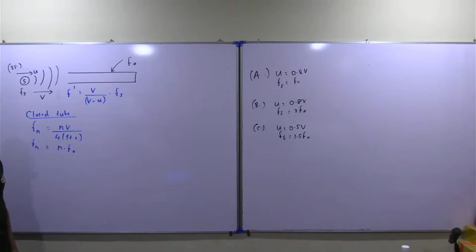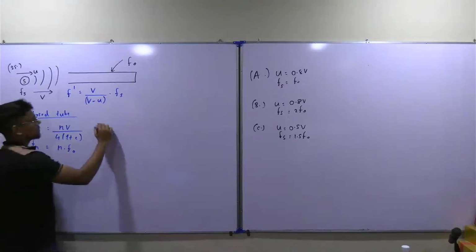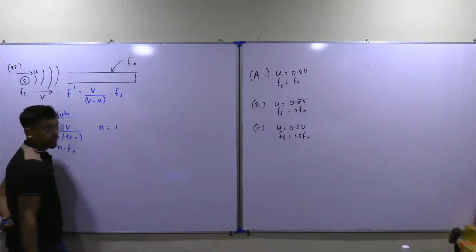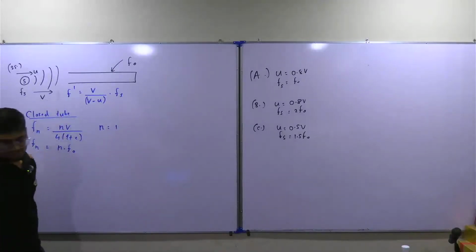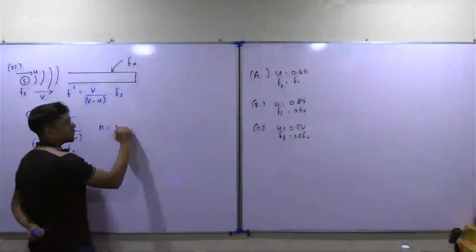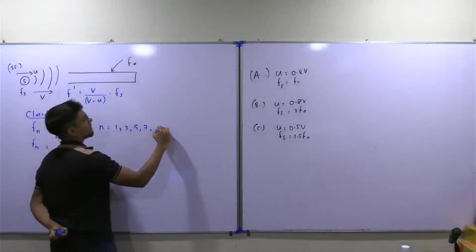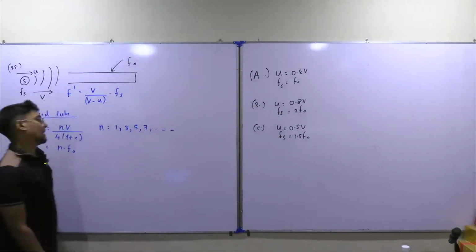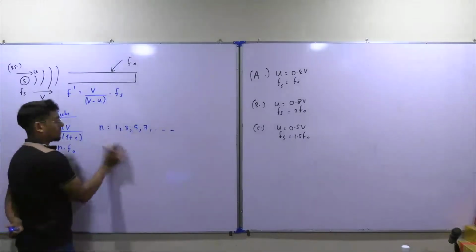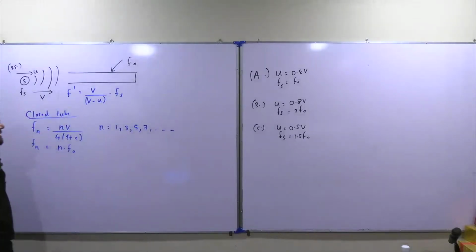So the frequency of the tube is n times f naught. Here n can be 1, for a closed tube, but n cannot be 2. Then n can be 3, 5, 7, so n can only be odd numbers. It cannot be even for a closed tube.